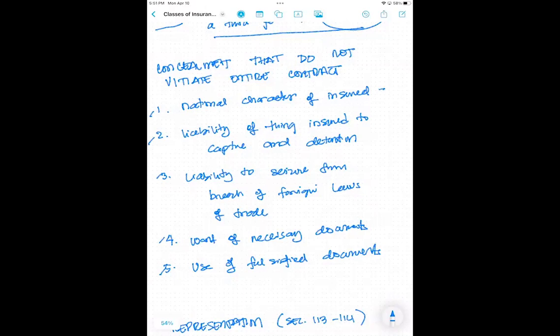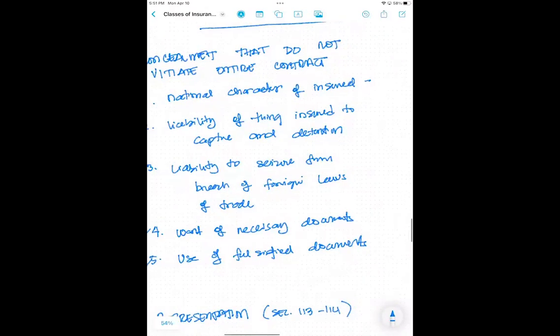So in other words, if let's say, for example, what was concealed was about the national character of the insured, and the cause of the loss has nothing to do with the national character of the insured, then the insurer would still be liable. So the loss must be related to the fact concealed. Otherwise, yung loss will still be compensable.